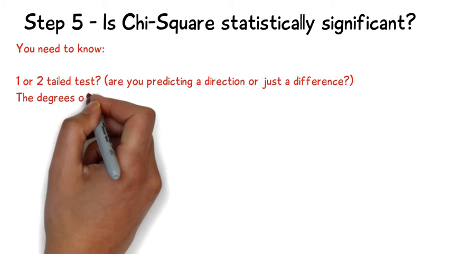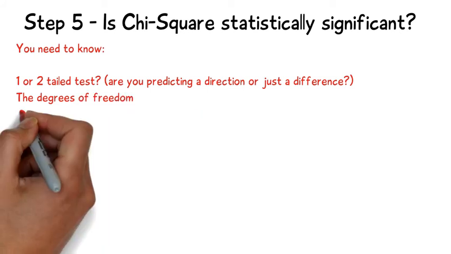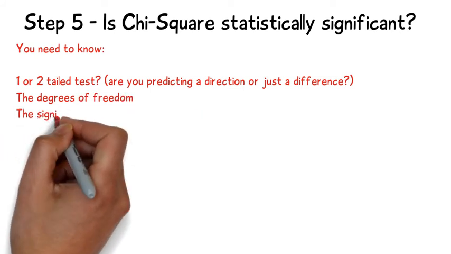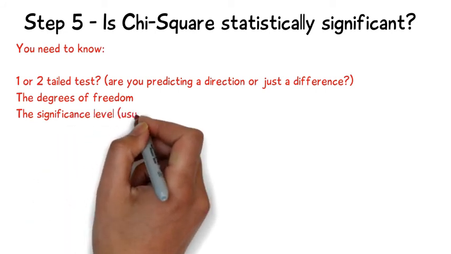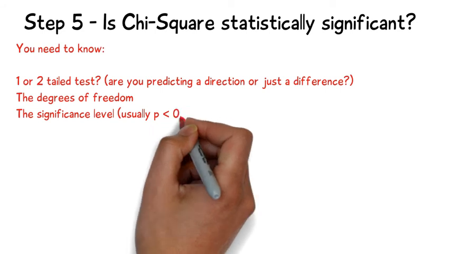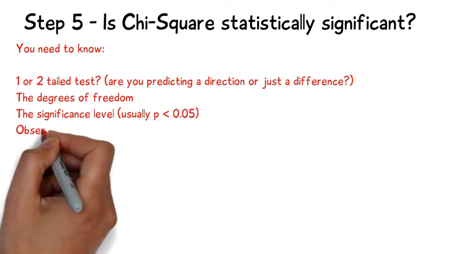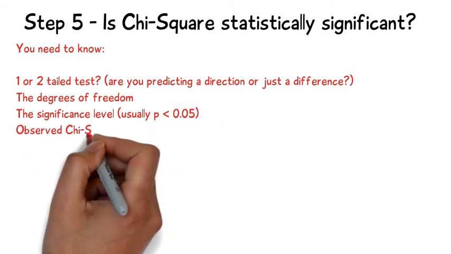Second thing you need to know is the degrees of freedom. We need to know our significance level, and usually that's p less than or equal to 0.05, so 5% level. And we need to know our observed chi-square.